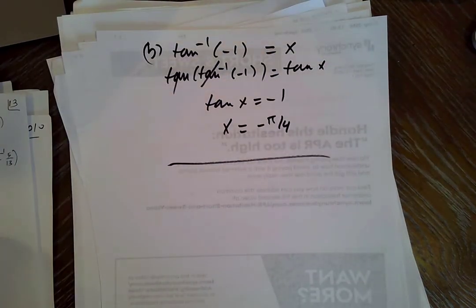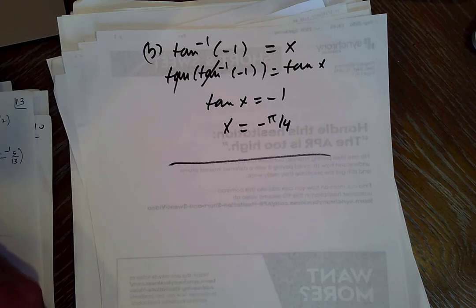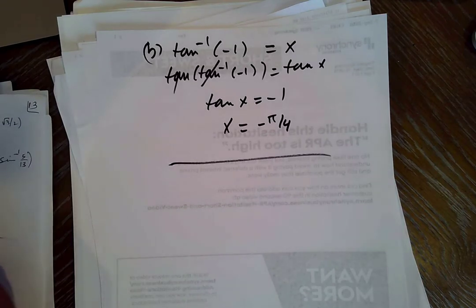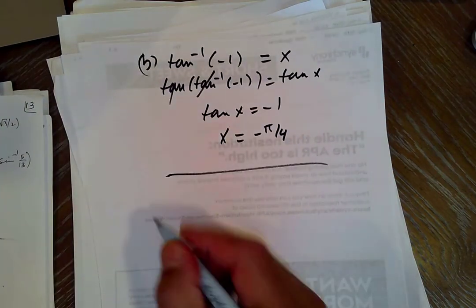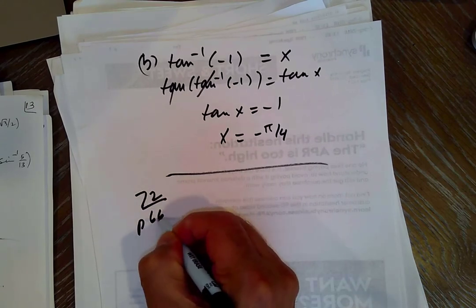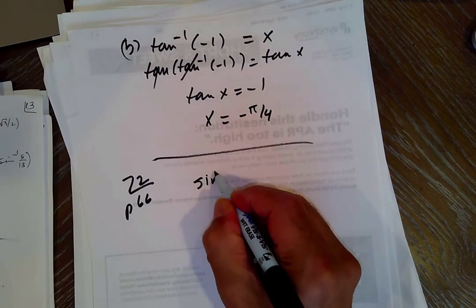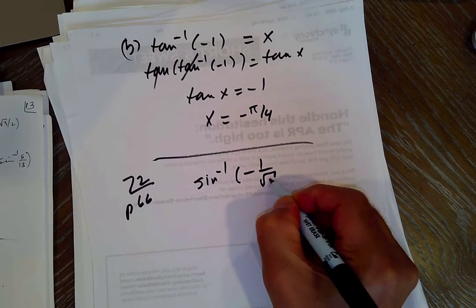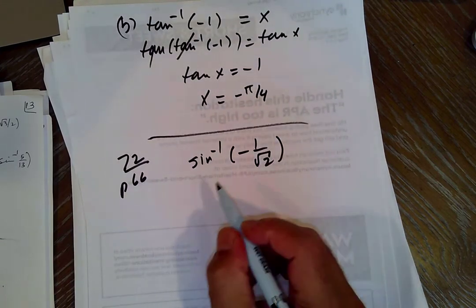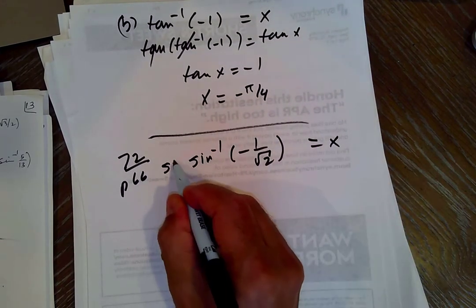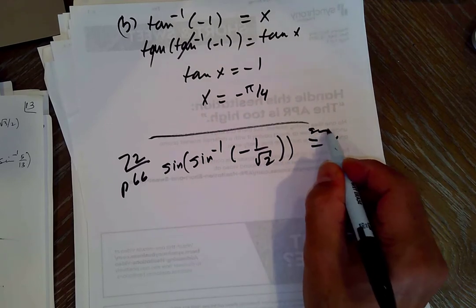72, page 66. What is sine inverse of negative 1 over root 2? This equals x, and we take sine of both sides.